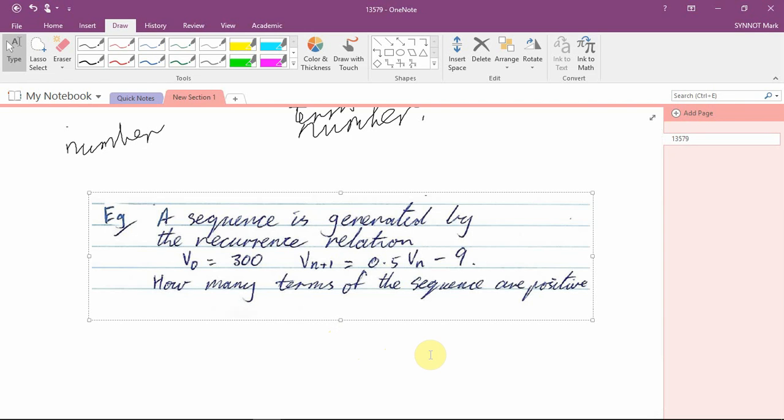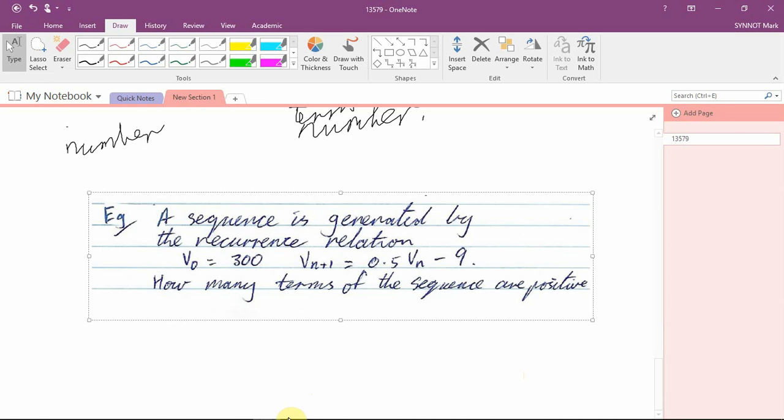And it asks how many terms of the sequence are positive. So there is a handout that you can stick in your books, called Recurrence Relations on the ClassPad, and it leads through this particular question. So what are we going to do here?